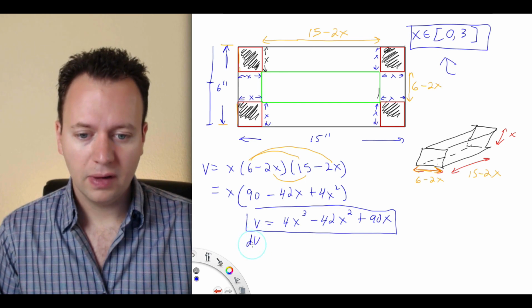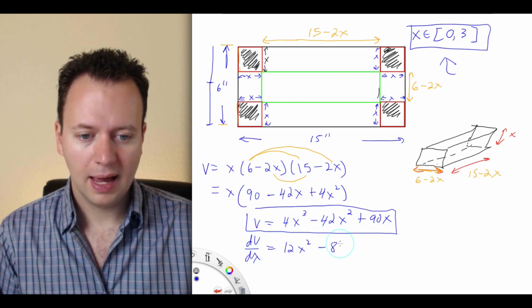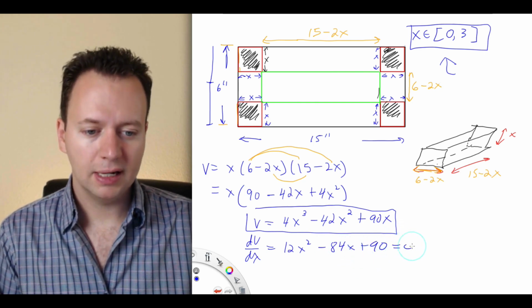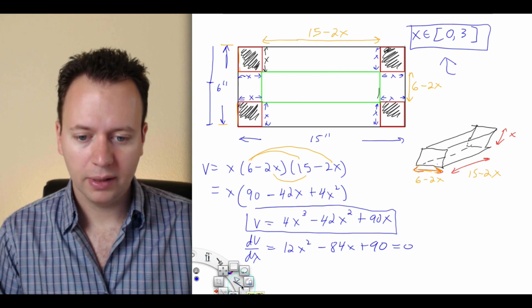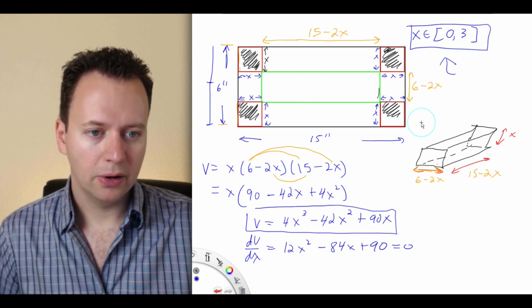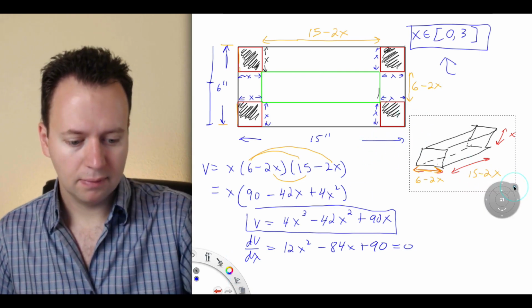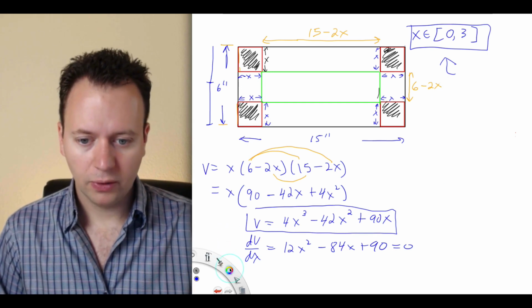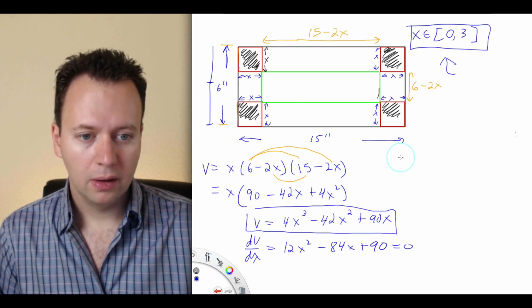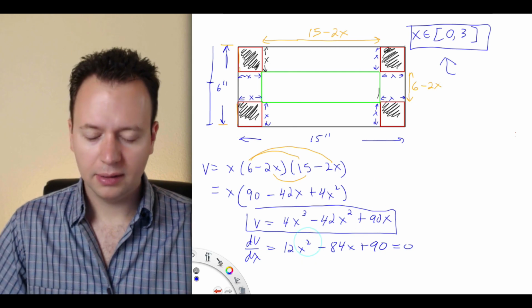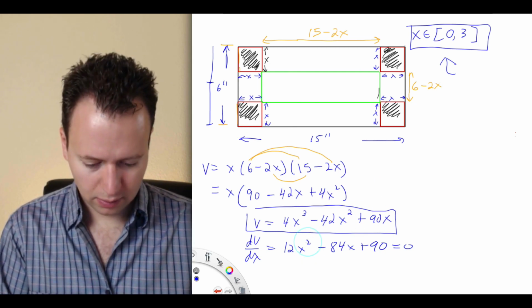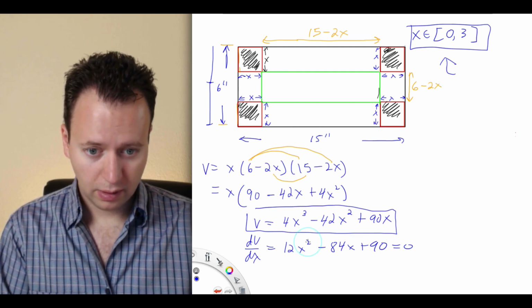So dV/dx is 12x squared minus 84x plus 90. It's a quadratic, so we set it equal to 0. That's how we find critical points. And that's a quadratic equation, so first of all, is there any common factor to simplify it? I think divided by 2.